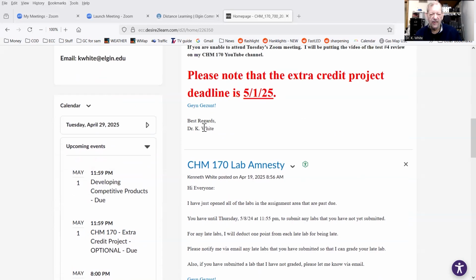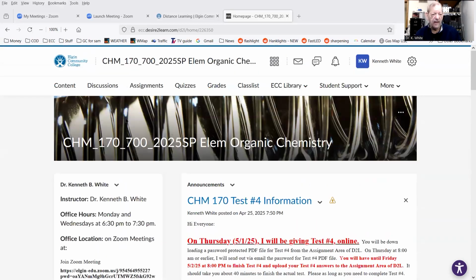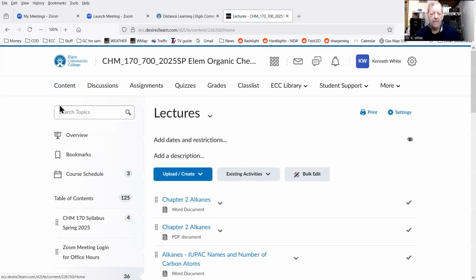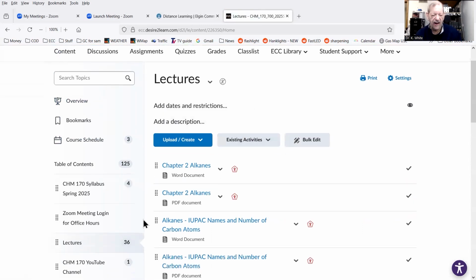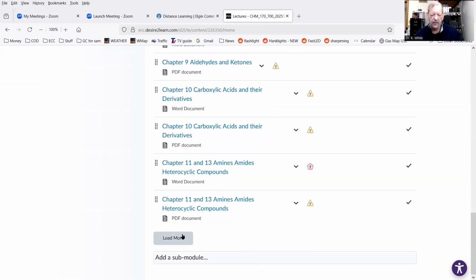One other thing I want to show you that's very important. If we go to content, and we're in the lecture section of content right here, lectures, if you scroll all the way down, you'll see this button right here that says load more.